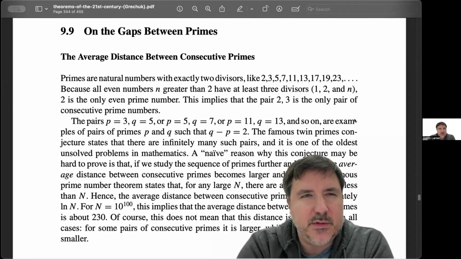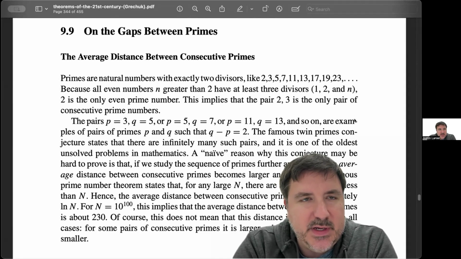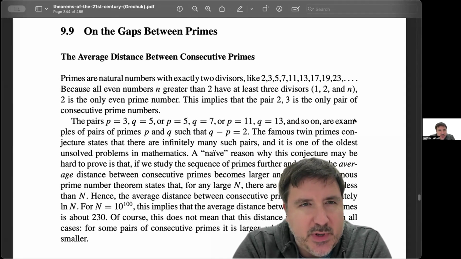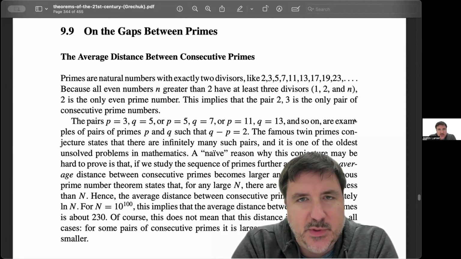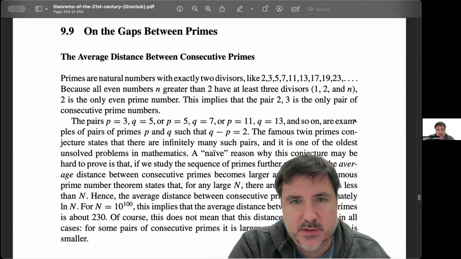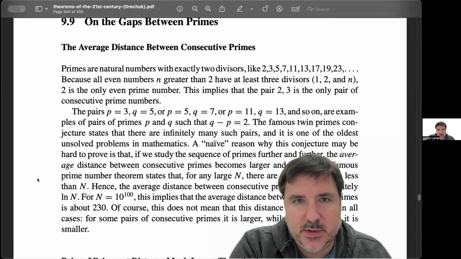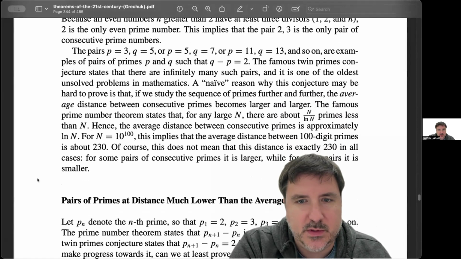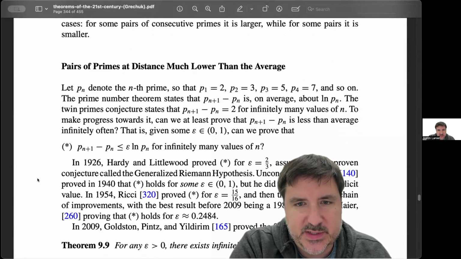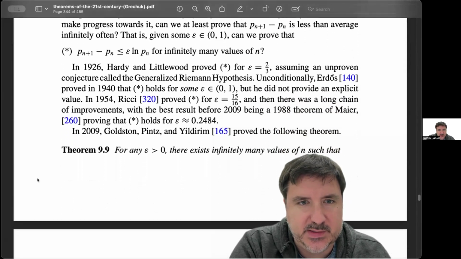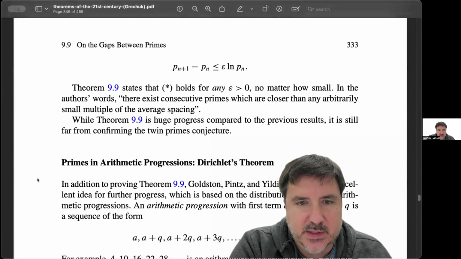All right, great. I'm going to try reading this section from the book, section 9.9 on the gaps between primes. Let me scroll through a little bit and see what is coming up. There's a little notation down here. I see some fractions, some names.